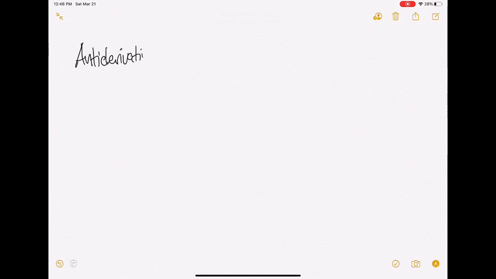Antiderivatives. Okay, so the first thing we need to know about antiderivatives is what are they? Well, let's dissect the word anti and derivative. Hopefully all of you can figure out exactly what anti means here.